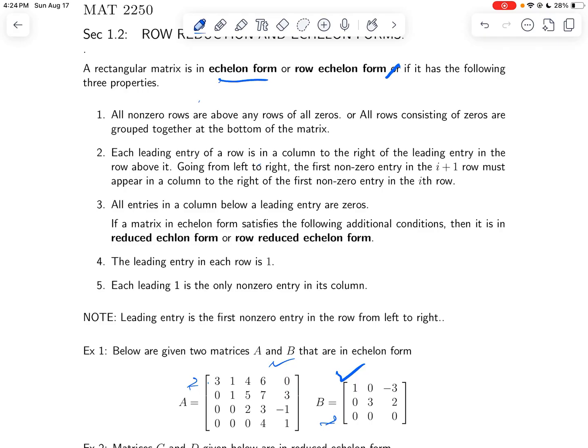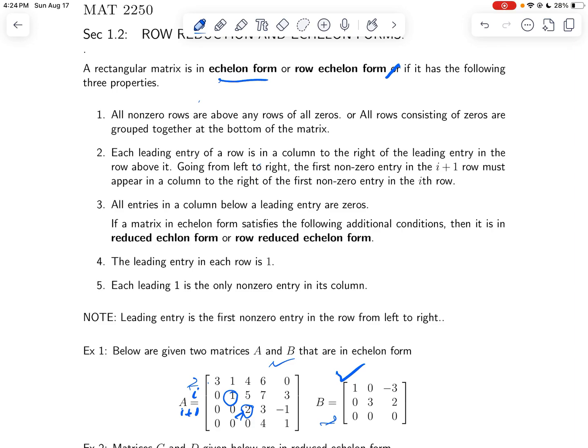So if this is the i plus 1 row and this is the i row, then the leading entry in the i plus 1 row is here and the leading entry in the ith row is over here. This is saying that going from left to right, the first non-zero entry in the i plus 1 row, which means the 2 here, must appear in a column to the right of the first non-zero entry in the ith row.